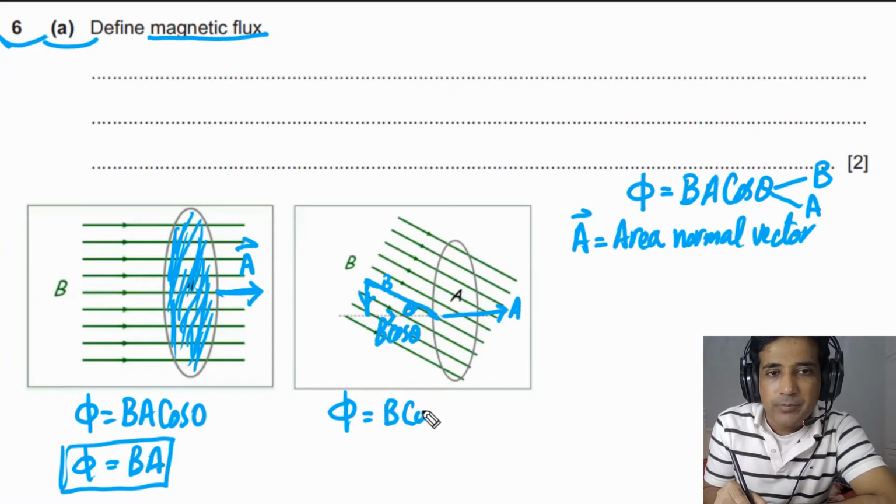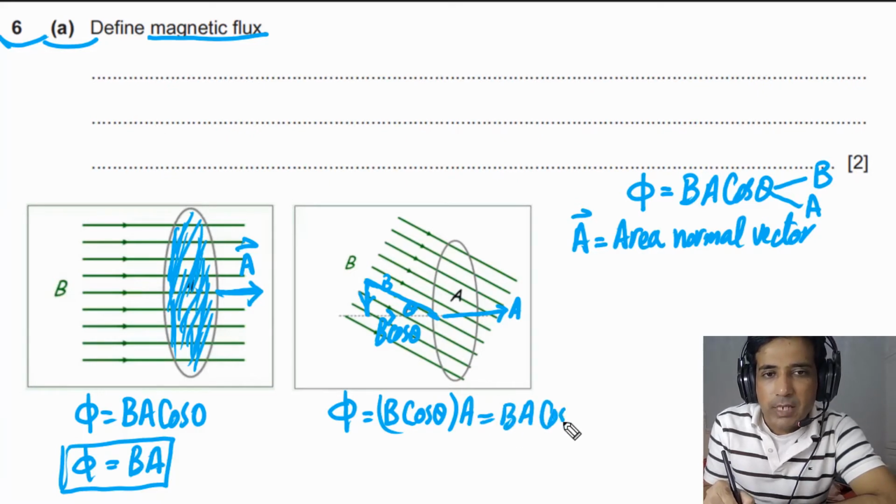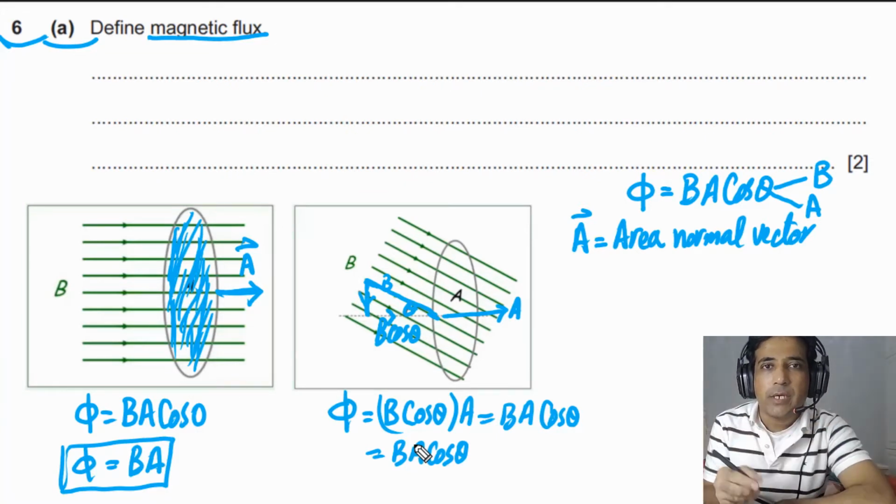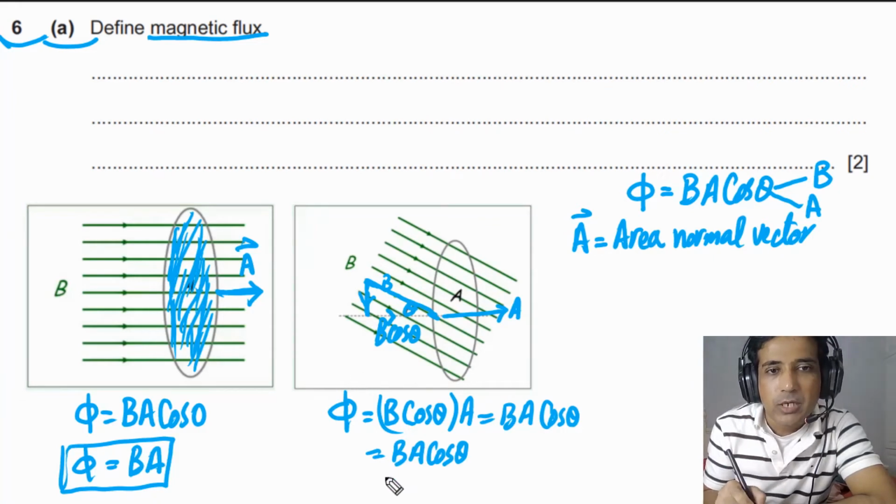So we have B cosine of theta times A. Simply, you can write BA cosine of theta, where theta is the angle between A and B. So you need to take the component of magnetic flux density that is parallel to the area normal vector.